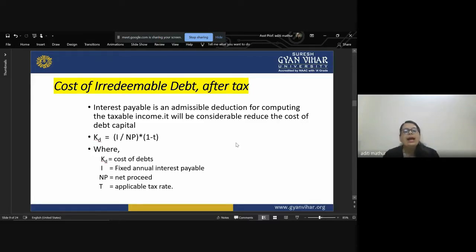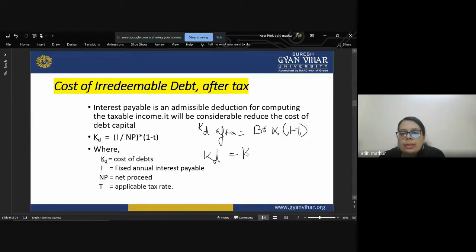Now let us understand how to calculate the cost of irredeemable debentures after tax. We have studied the before tax calculation and now we have to learn how to do it after tax. I told you in one of the previous slides that to calculate KD or any amount after tax, always multiply the before tax value with 1 minus T. So KD after tax is equal to KD before tax into 1 minus T. And what is KD before tax?